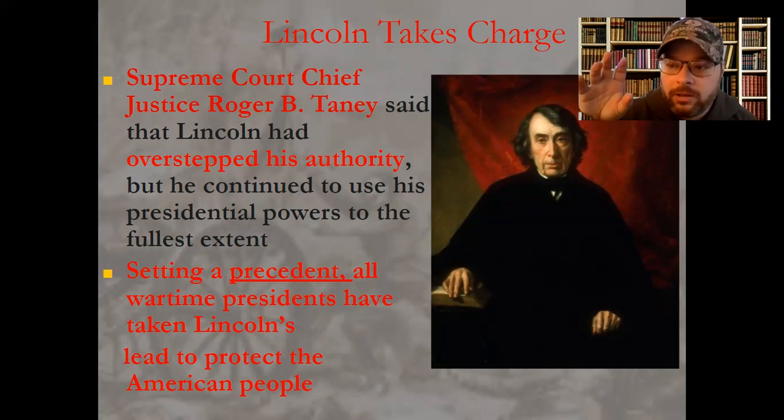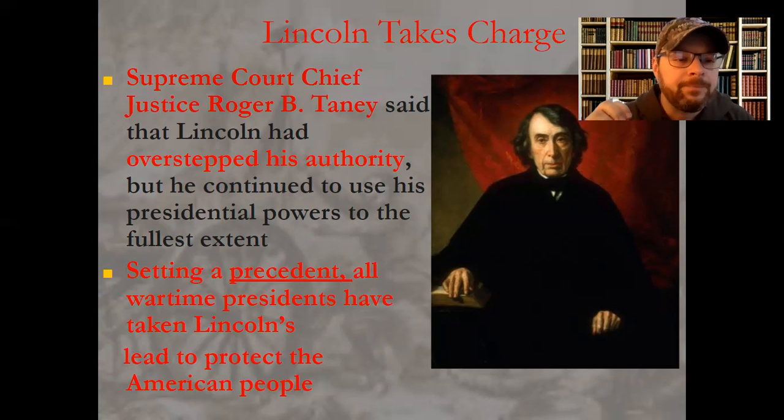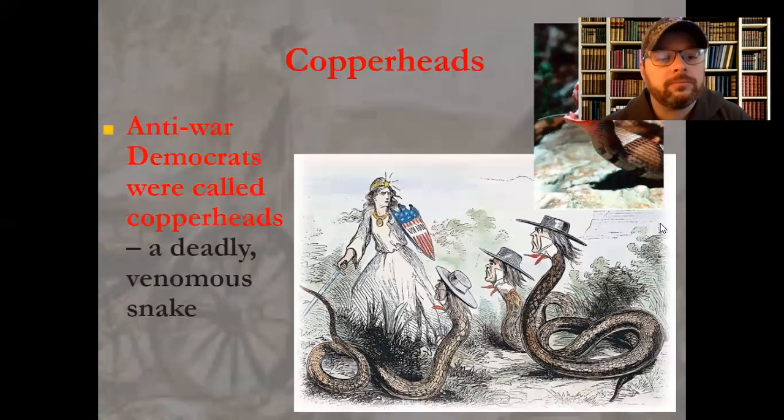They take a more direct role in what's going on with the war. And it makes it so that decisions can be made faster instead of going through the whole process with Congress, which is good and bad. Copperheads. Anti-war Democrats were called copperheads, which is a deadly venomous snake.